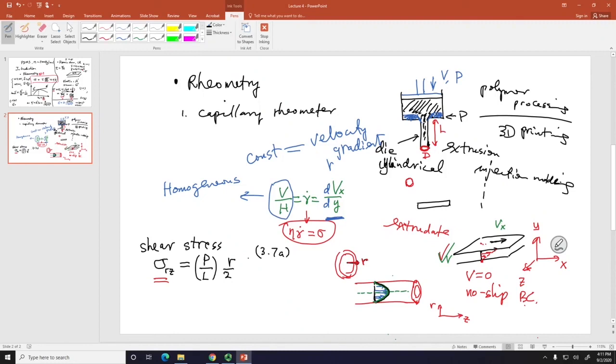Unless you tell me that you already know the relationship between the stress and the shear rate. If you do, then I can plug this in and start to integrate and solve it. Otherwise, you have no, a priori, way of knowing what the velocity field is.